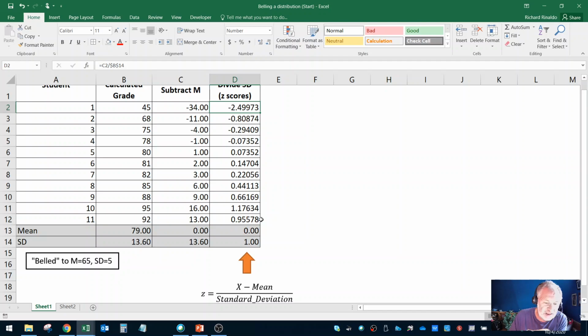Step 3. So I need to multiply by the new standard deviation. And I'll mark these down here.